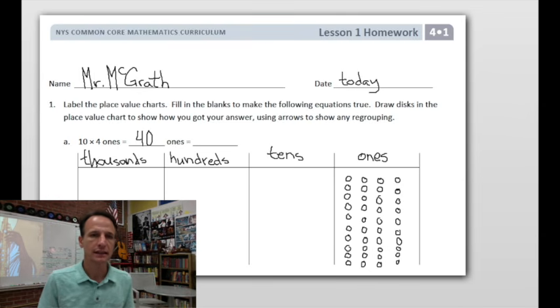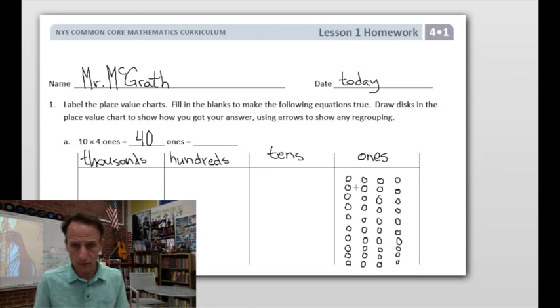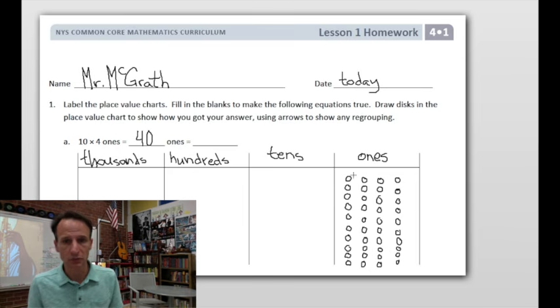Okay, and now to make things clearer, give me a second here. I'm going to change colors so that when I bundle them up, you can see exactly what I'm doing, because this can tend to get a little crowded and even messy.